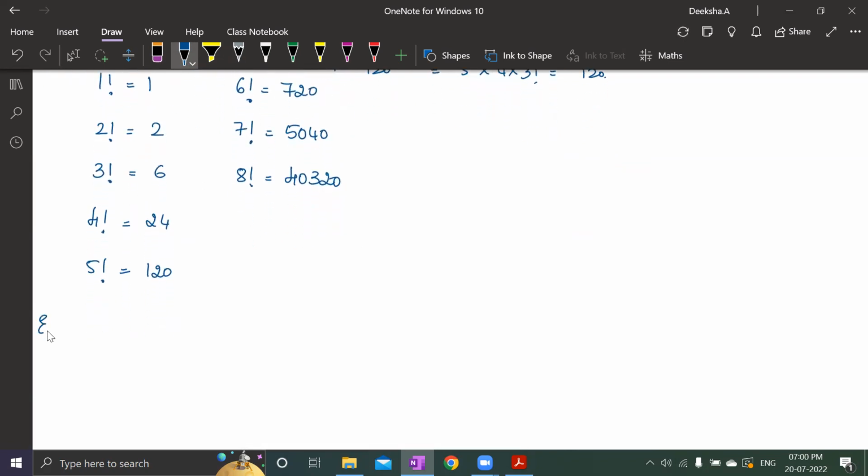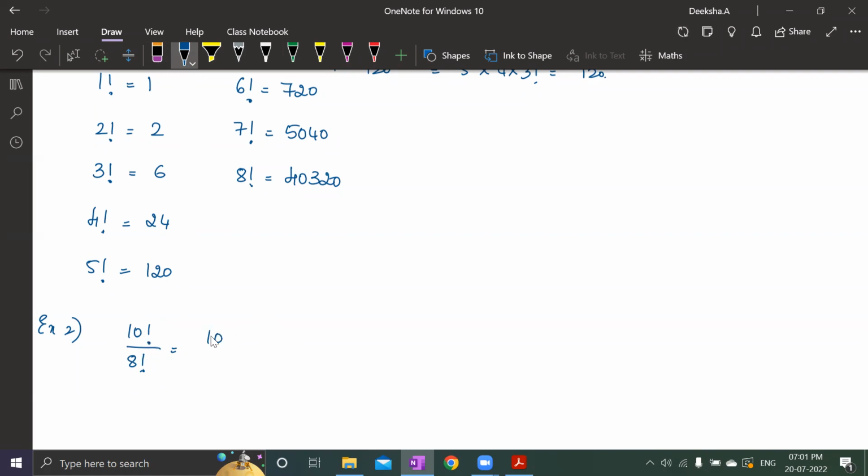Now, suppose you have something like 10 factorial by 8 factorial. You need not write 8 factorial as 40320. Just because you know this, you don't have to simplify all these things. Always, whichever is the bigger factorial, simplify that, and stop when you get the other smaller one. So 10 factorial is the bigger one here.